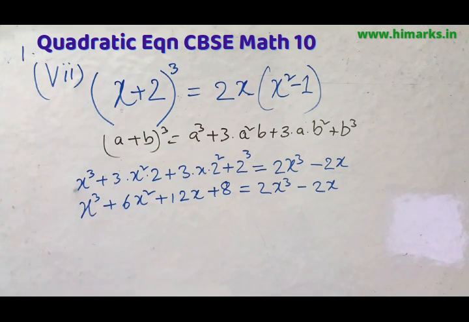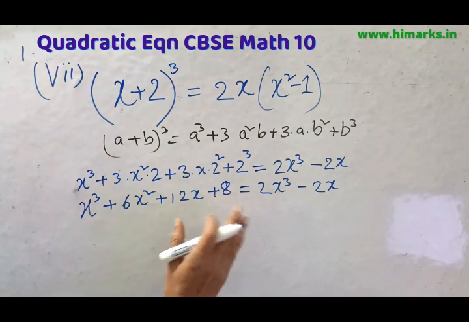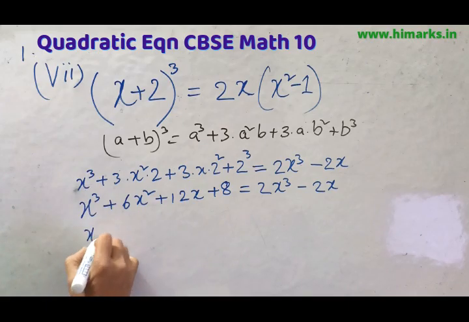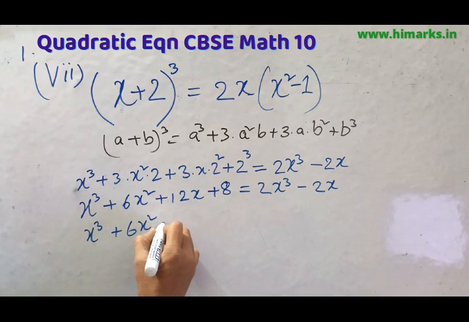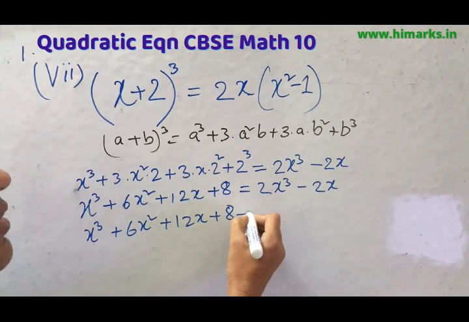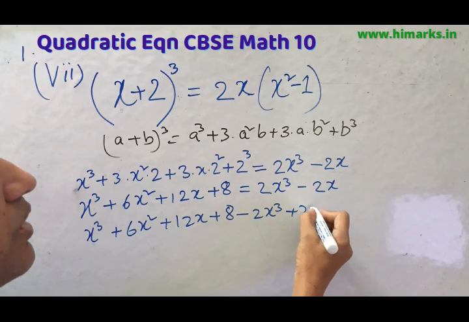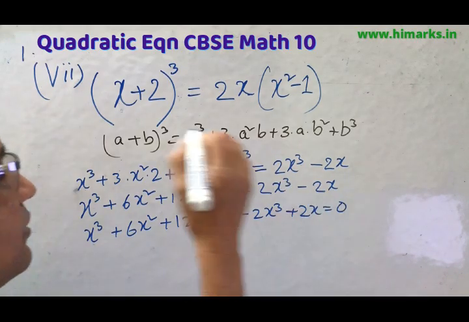Okay, now we will bring whatever is on the right side to the left side. So x cube plus 6x square plus 12x plus 8 minus 2x cube, minus 2x will be plus 2x on this side.